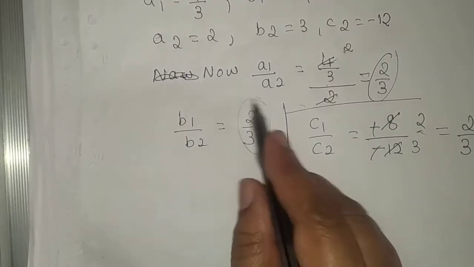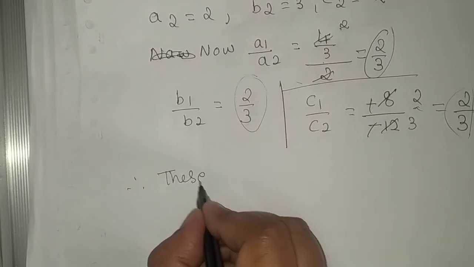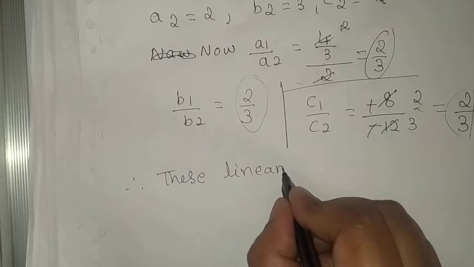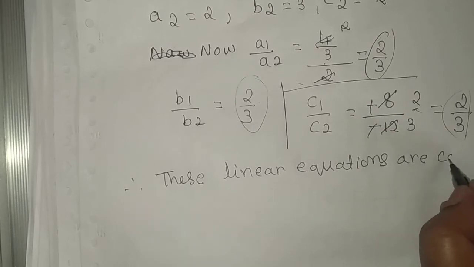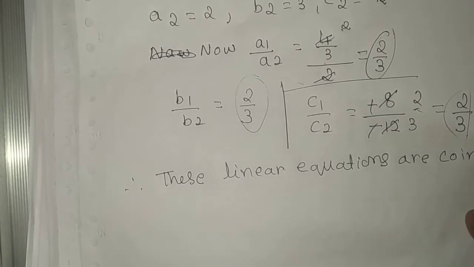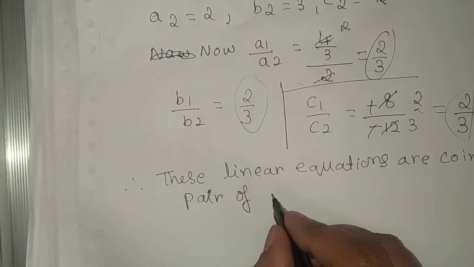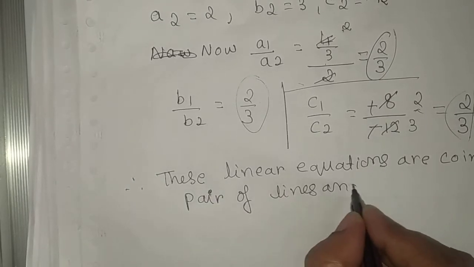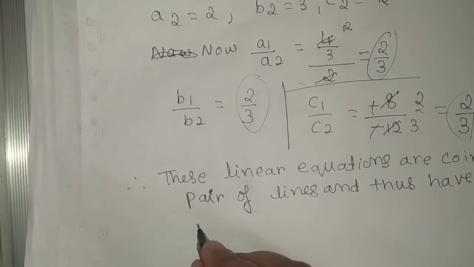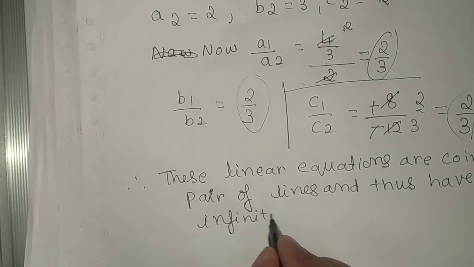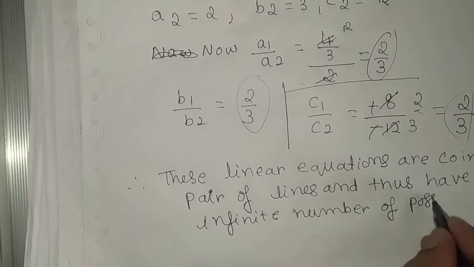See here, this one and this one. So what we can conclude, these linear equations are coincident pair of lines and thus have infinite number of possible solutions.